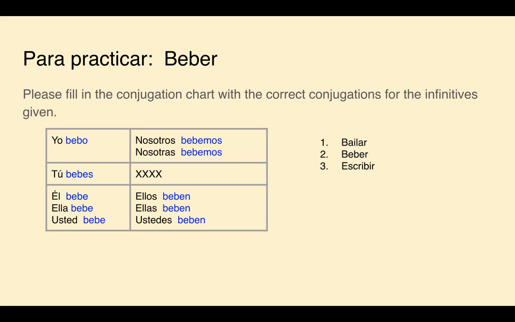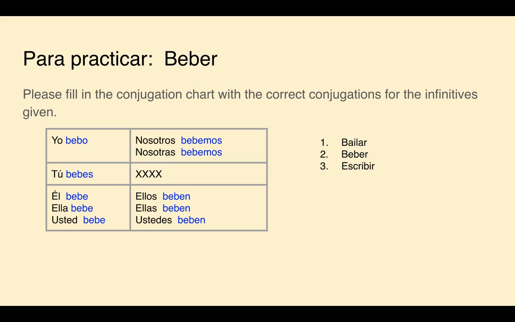Yo bebo, tú bebes, él, ella, usted bebe, nosotros, nosotras bebemos, ellos, ellas, ustedes beben. Remember all of those A's from our AR verb bailar, those A's in the ending, the O, as, a, amos, an, all became E's. O, es, e, emos, en.